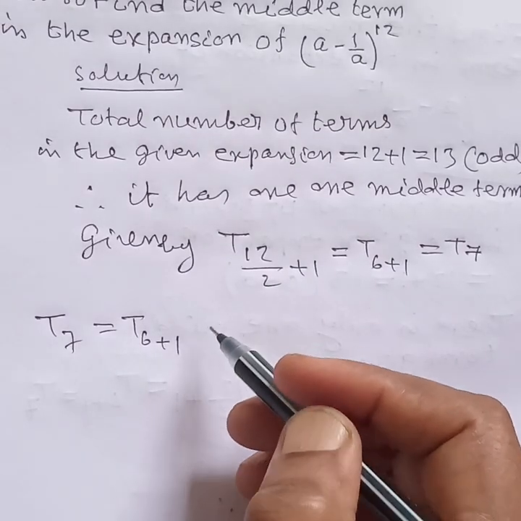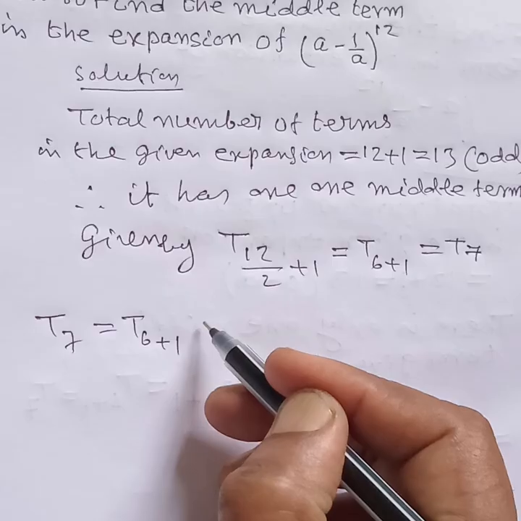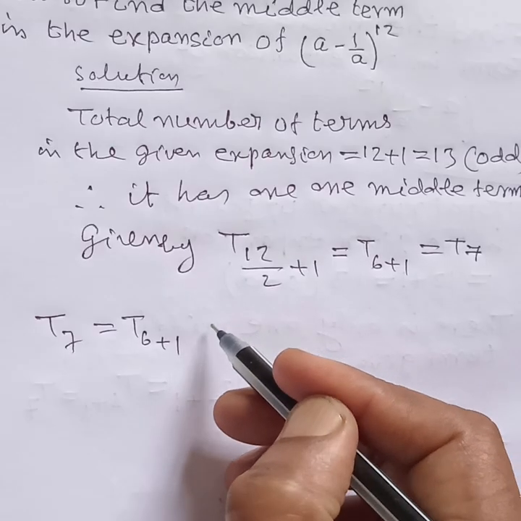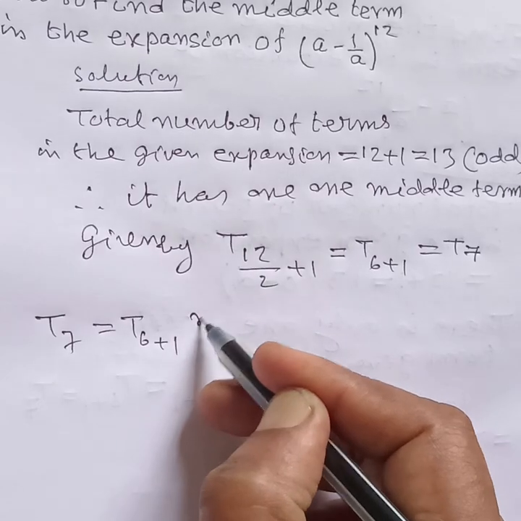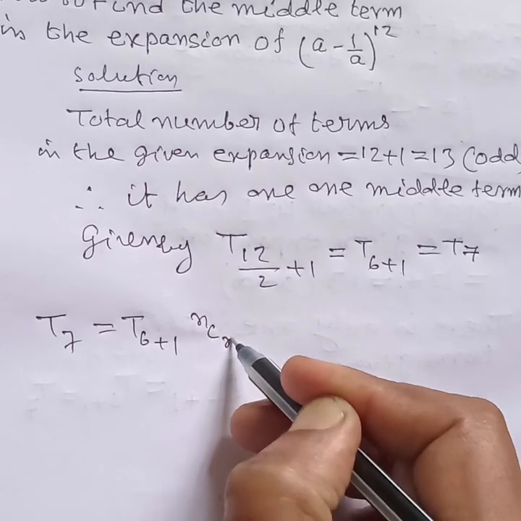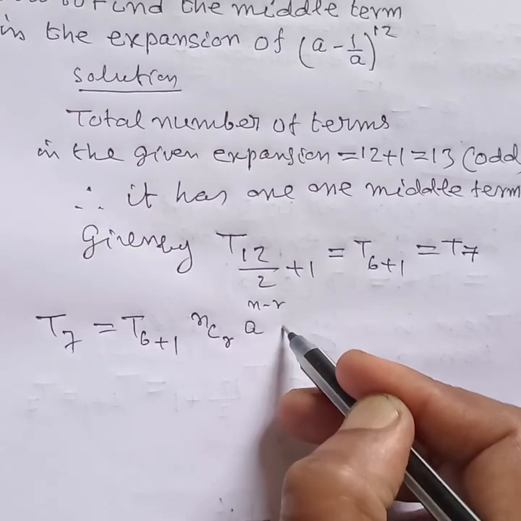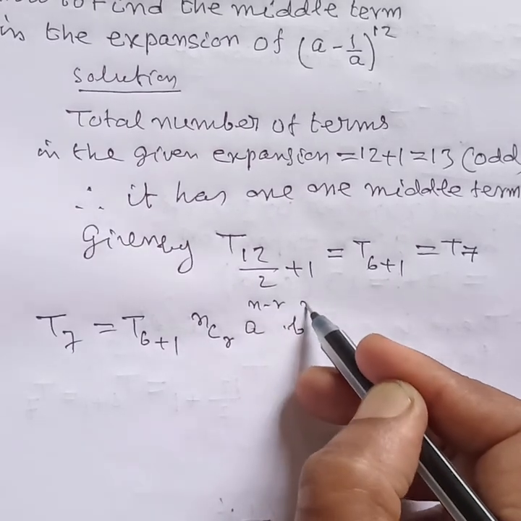According to the formula, the middle term will be nCr a to the power n minus r into b to the power r.